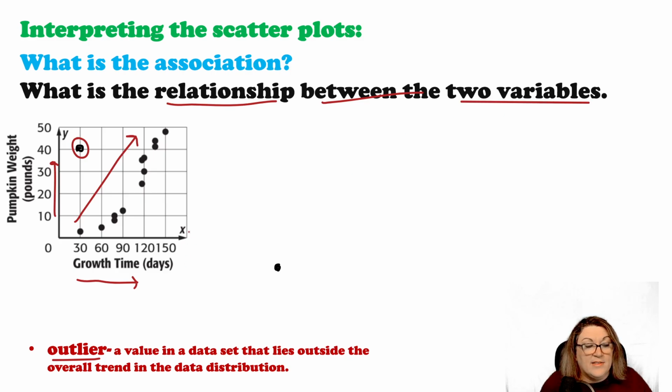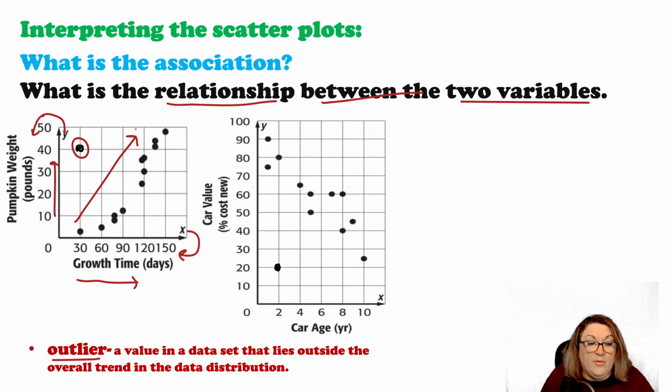It's your X axis variable, and then it's your Y axis variable, right? So you're basically comparing your X with your Y. And so I know because it's positive, as one goes up or increases, the other one is also going to go up. And it makes sense because pumpkins grow and get bigger over time, right? So it does make sense.